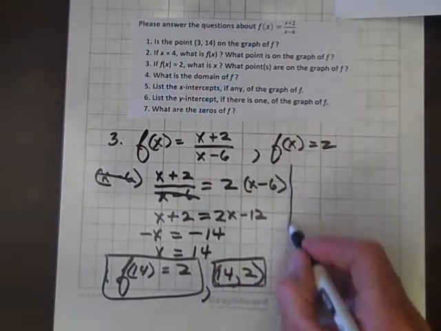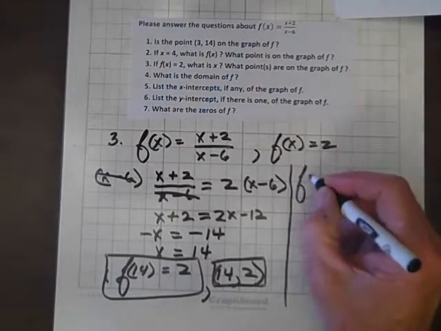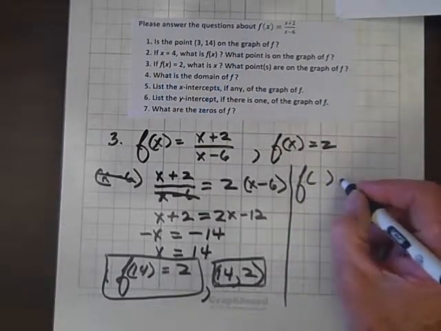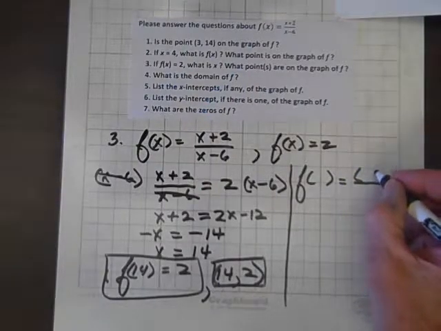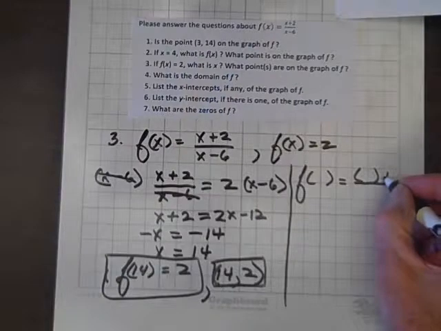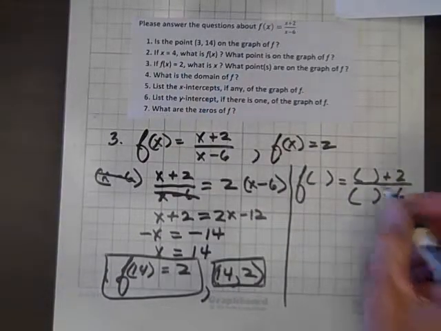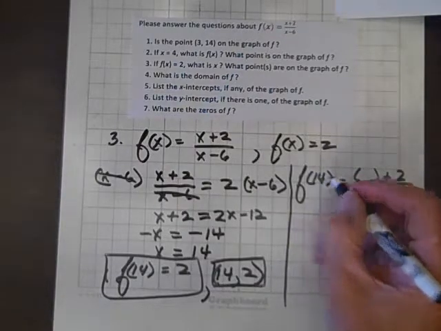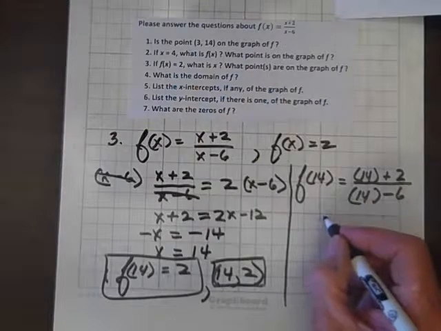Now, let's check that. So f of whatever, we can replace every x with a pair of parentheses, plus 2 and minus 6. If we put a 14 here, we must put a 14 here and a 14 there.